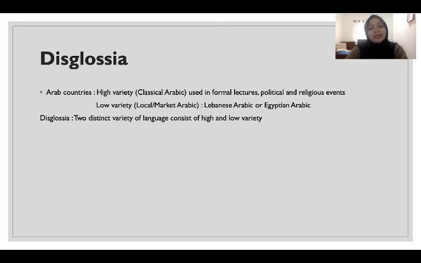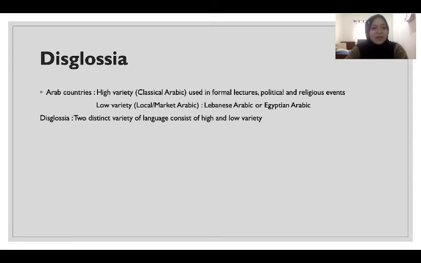Okay, however, if you go to the local market, you might not be able to understand the language that they are using, because they are using the low variety, and these varieties have a huge difference. So an Arab speaker needs to be able to switch between these varieties easily in order to adapt to these different occasions.